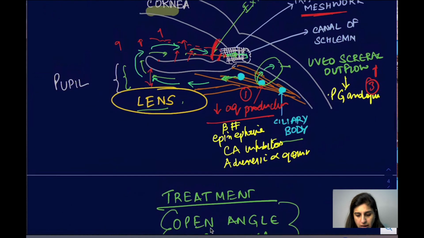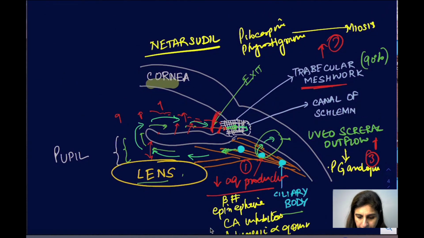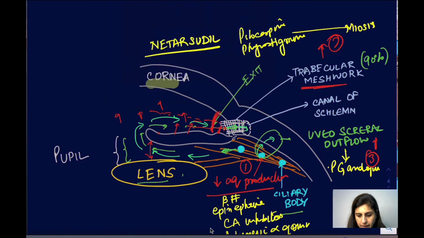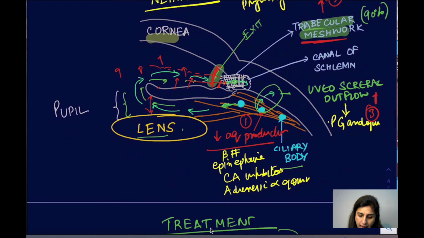glaucoma. So let's recapitulate all these things again. You know that there can be two types, open angle and closed angle. Open angle is because of a problem in the trabecular meshwork, and in closed angle the angle is very narrow. The drugs we can give either decrease aqueous production: beta blockers, epinephrine, carbonic anhydrase inhibitors and alpha agonists.